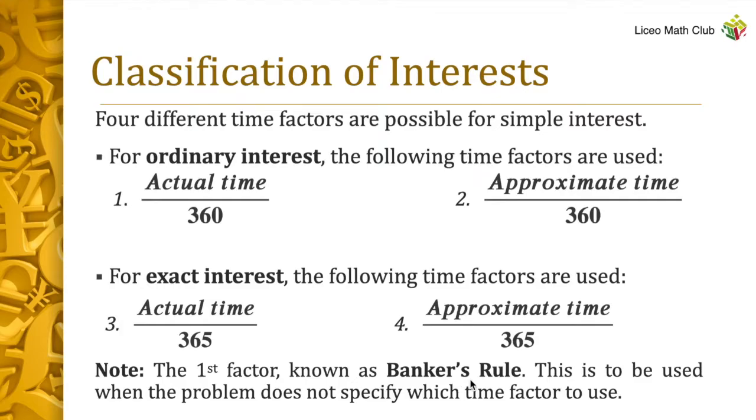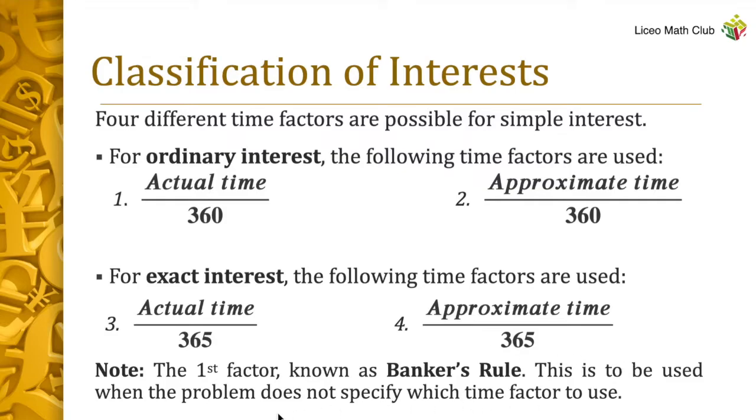It's called the banker's rule because if we use a specific problem and try any or all 4 of these as the factor for the time, the one that will yield the most interest is actual time over 360. That's why it's mostly used in banks, because banks could earn a lot of interest compared to the other 3 factors.